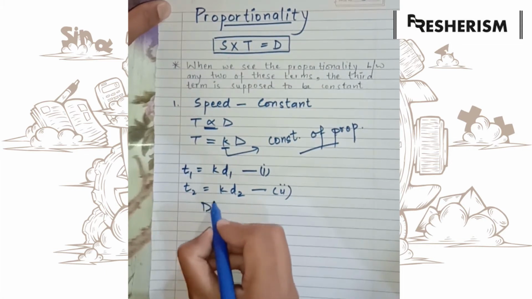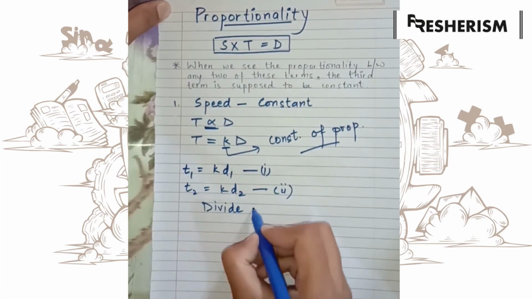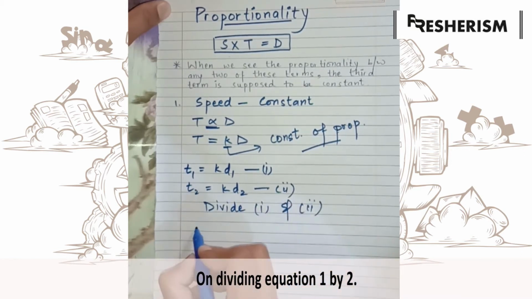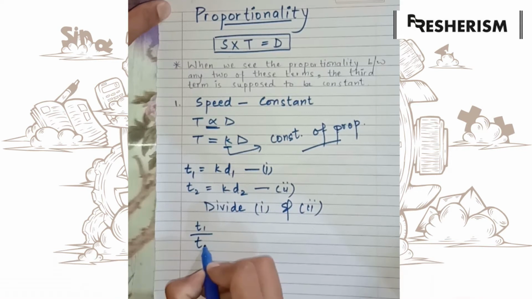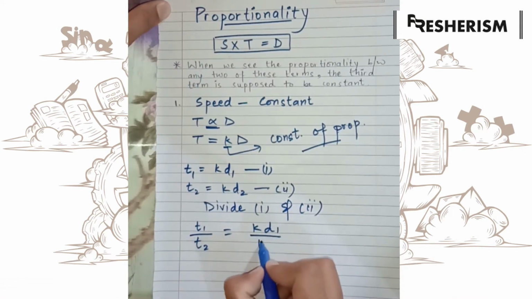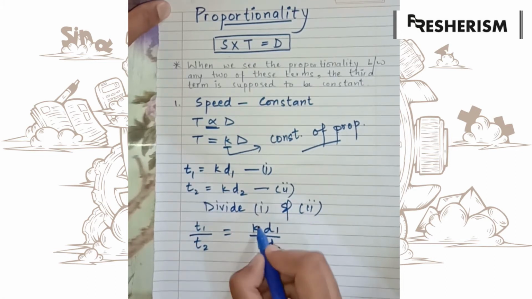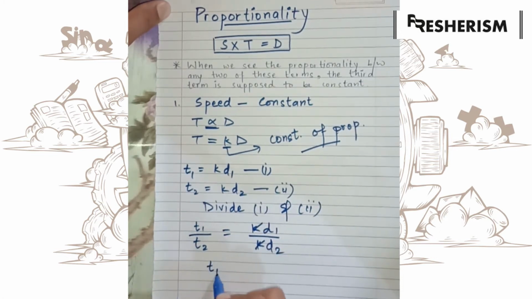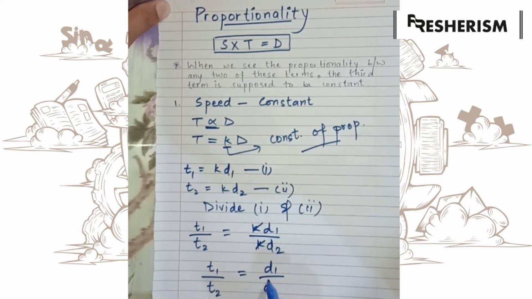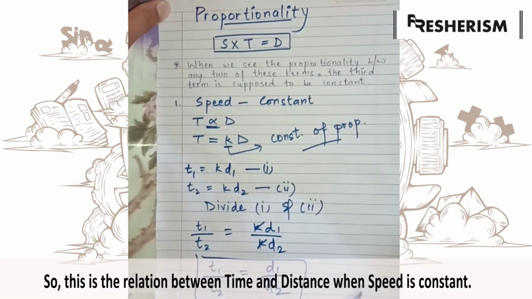When we divide the first and second equations, we get t1 upon t2 is equal to k d1 upon k d2. And k gets cancelled, so we get t1 by t2 equals d1 by d2. This is the relation between the time and distance of two bodies when the speed is constant.